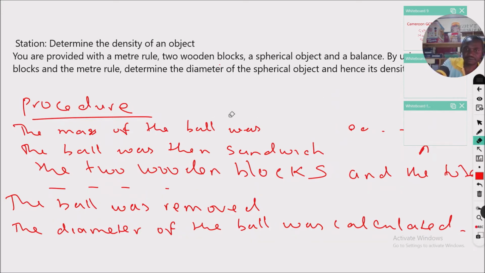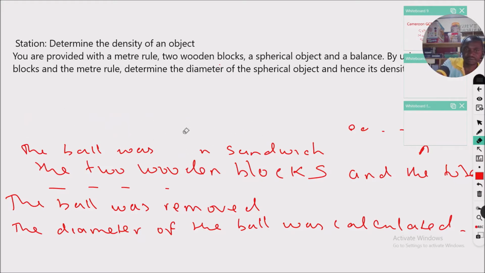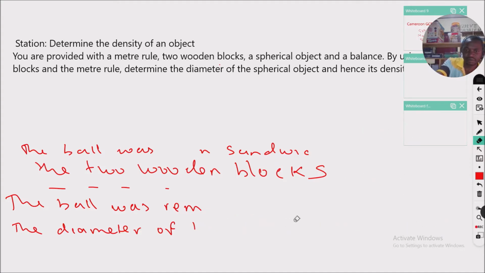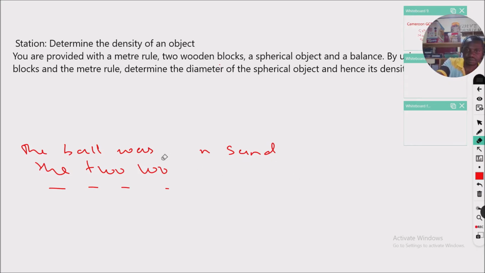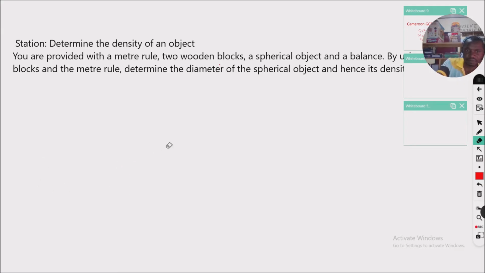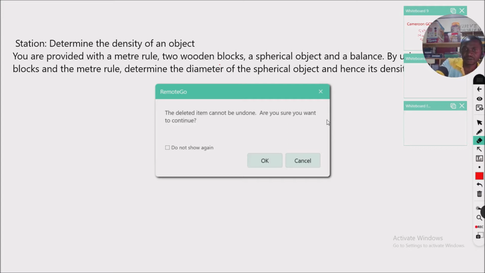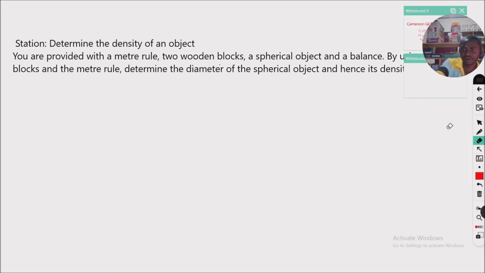Now, observation. What do we observe? I'll just use arbitrary values here.